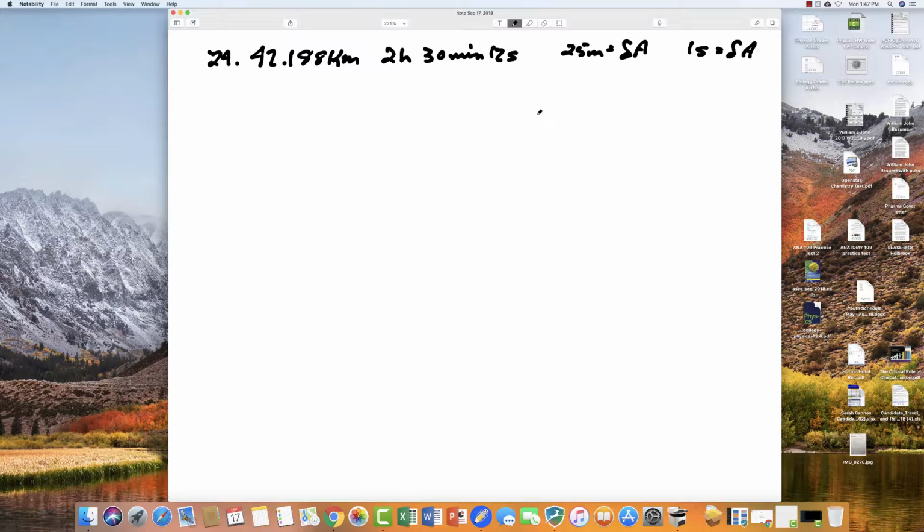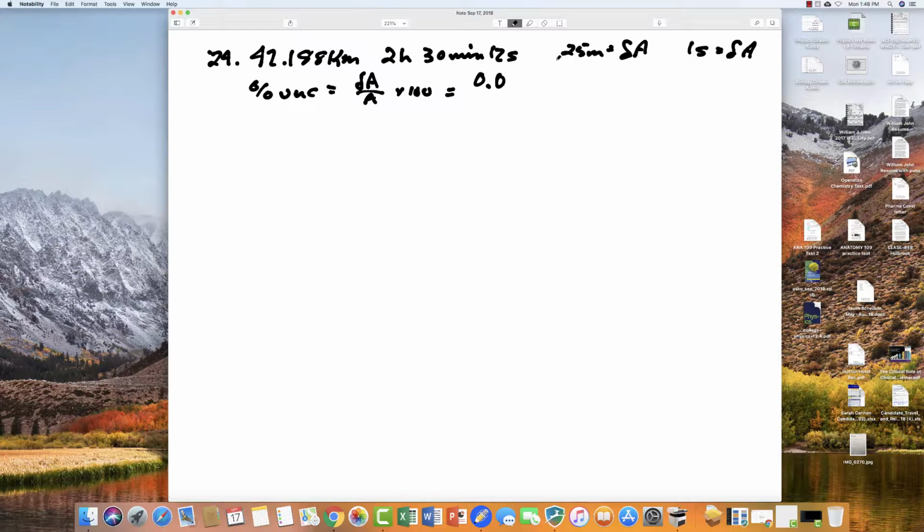So the percent uncertainty in the distance, what you would do, percent uncertainty is equal to delta A over A times 100. In this case, it's going to be delta A, which is 25 meters, but let's go ahead and convert that to kilometers. So we'll divide that by 1,000.